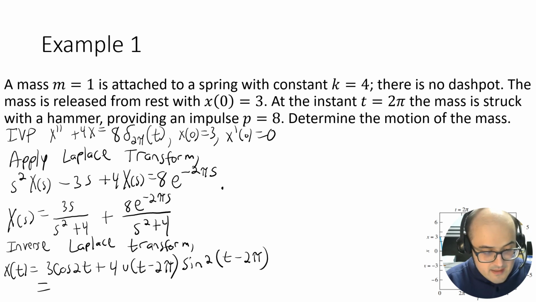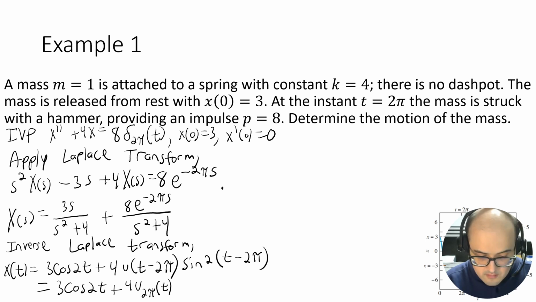So we can simplify that a bit to be 3 times the cosine of 2t plus 4 times u sub 2 pi of t times the sine of 2t.